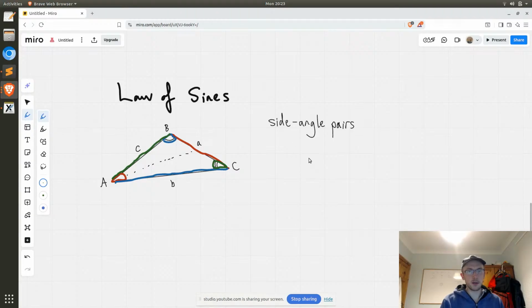The side angle pairs are related in a very special way.